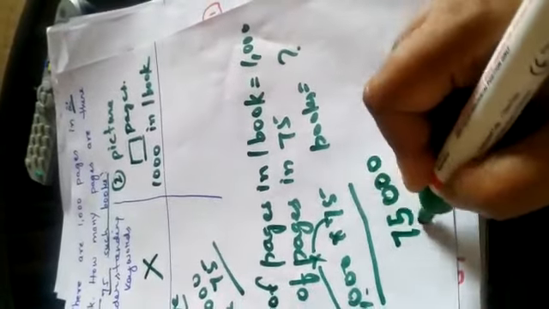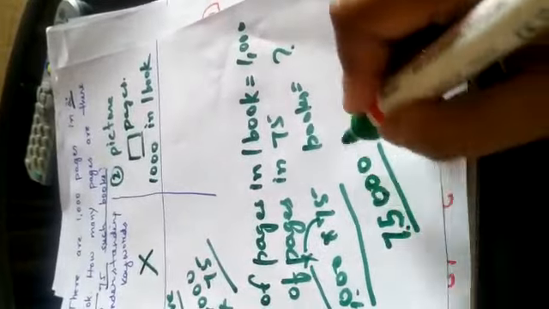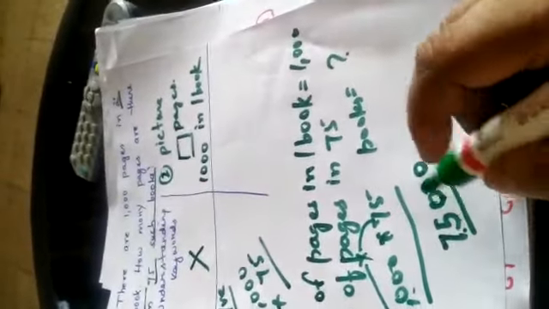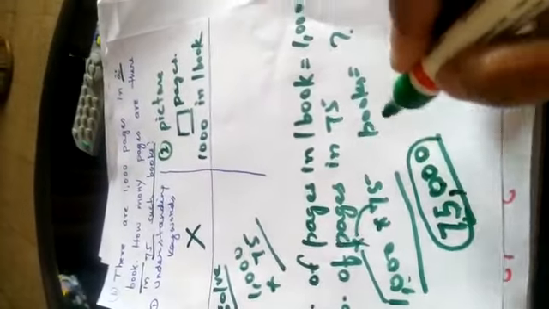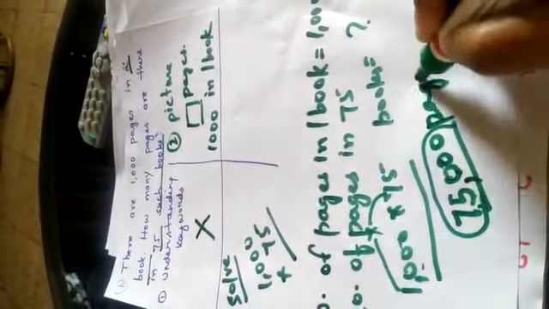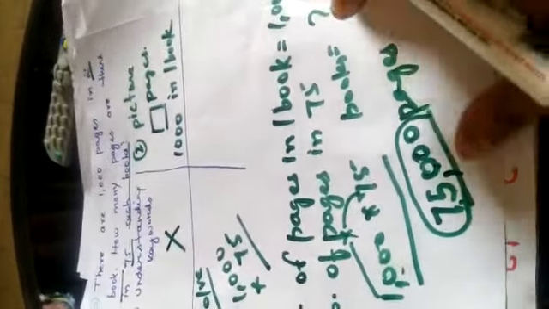We write down this 75 to the left of the third zero, right? First, second, third zero. So how many pages are there? 75,000 pages are there in all, in 75 books, right?